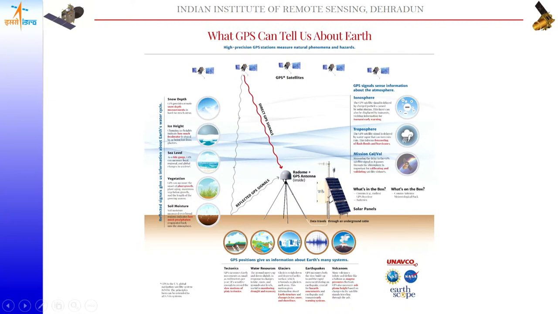Nowadays researchers are modeling GNSS data to model the aquifer, how the water table is fluctuating and going up and down in the aquifer in the vadose zone. This is very much possible these days with the help of GNSS. And tectonics, as I already discussed.